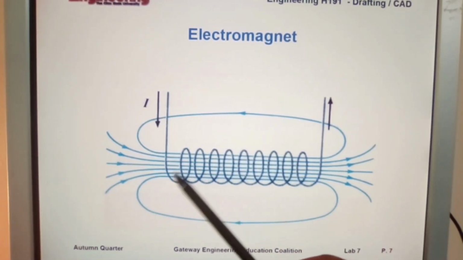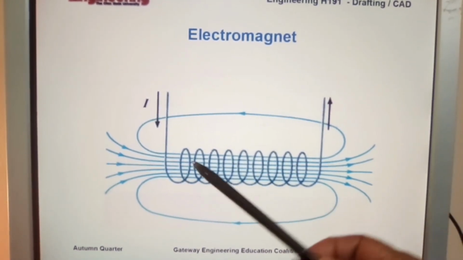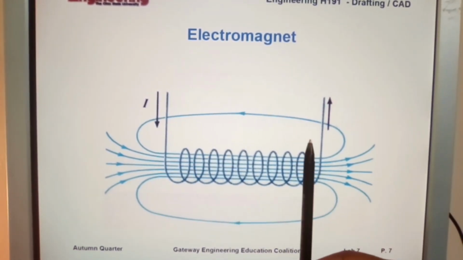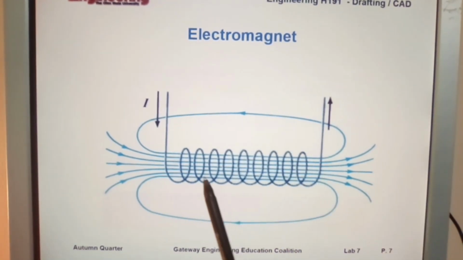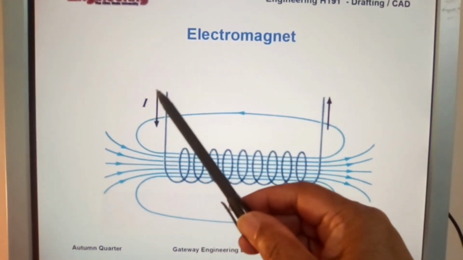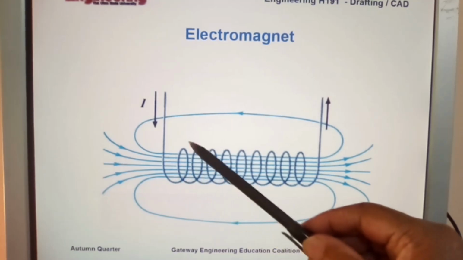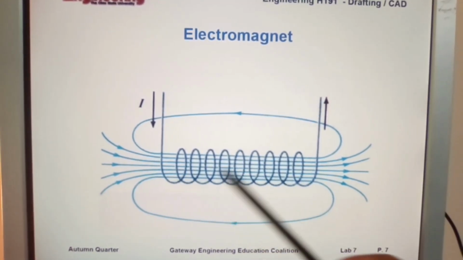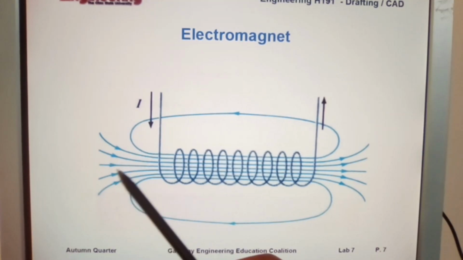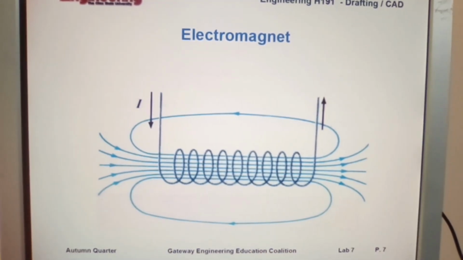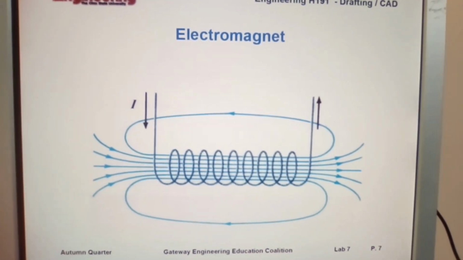Any coil or loop of wire can be referred to as an inductor, or an electromagnet if you prefer. Here we have current flowing into a coil. Basically, this is a coil. You can see the magnetic field created around it by that induction of current.